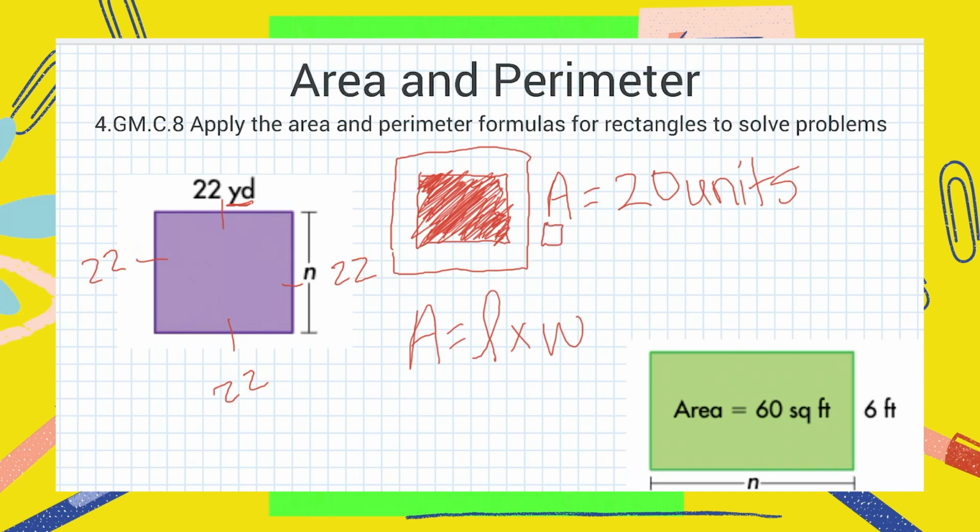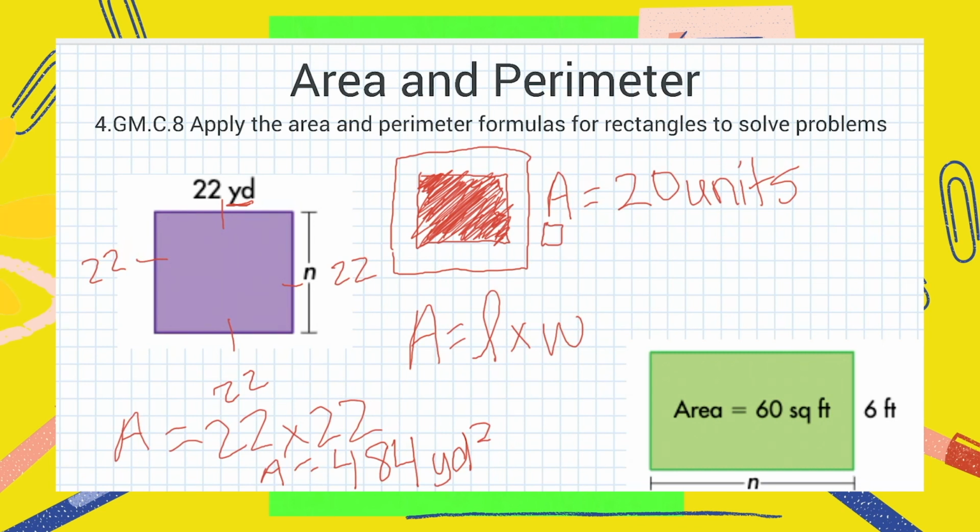So I can multiply 22 by 22 because that is the length and the width. I'm going to give you a second to figure that out. The area of this square figure equals 484 yards squared.